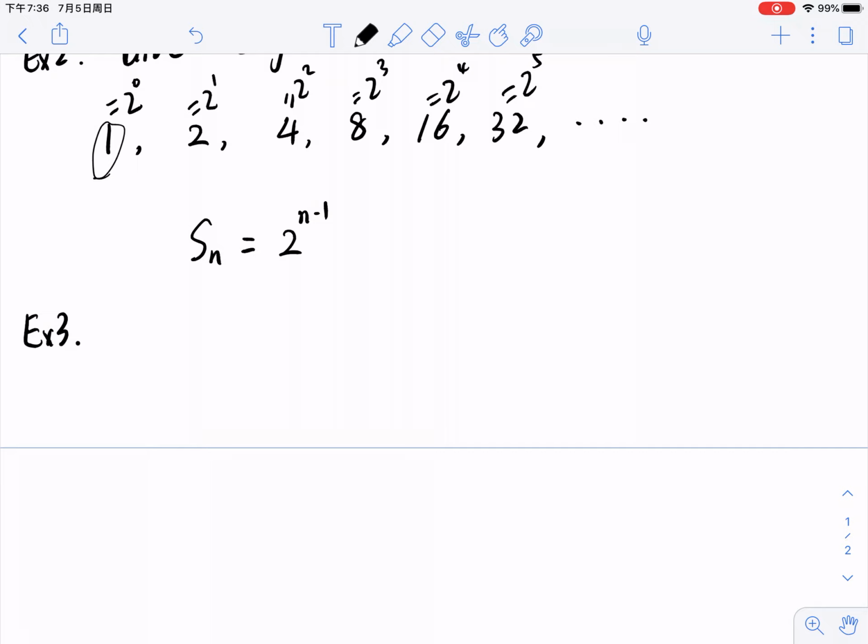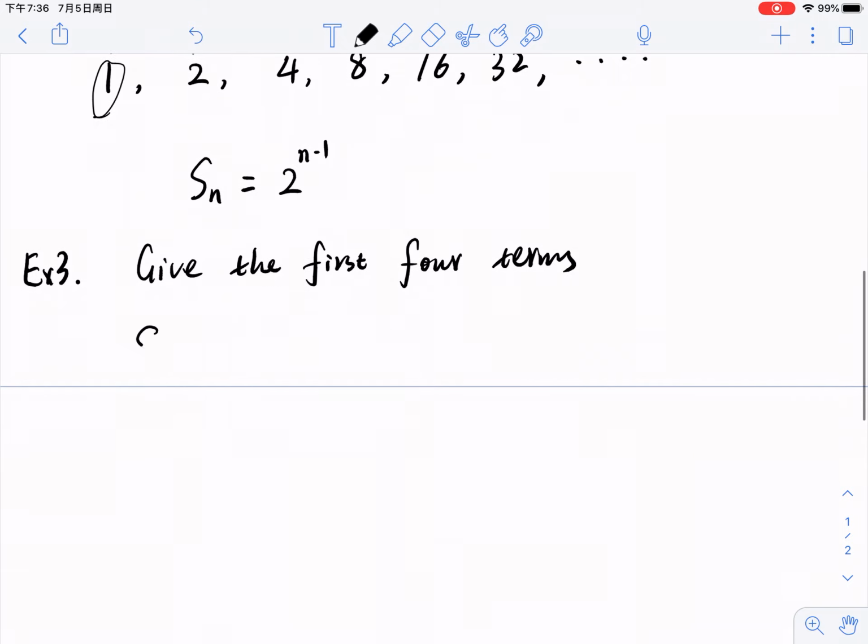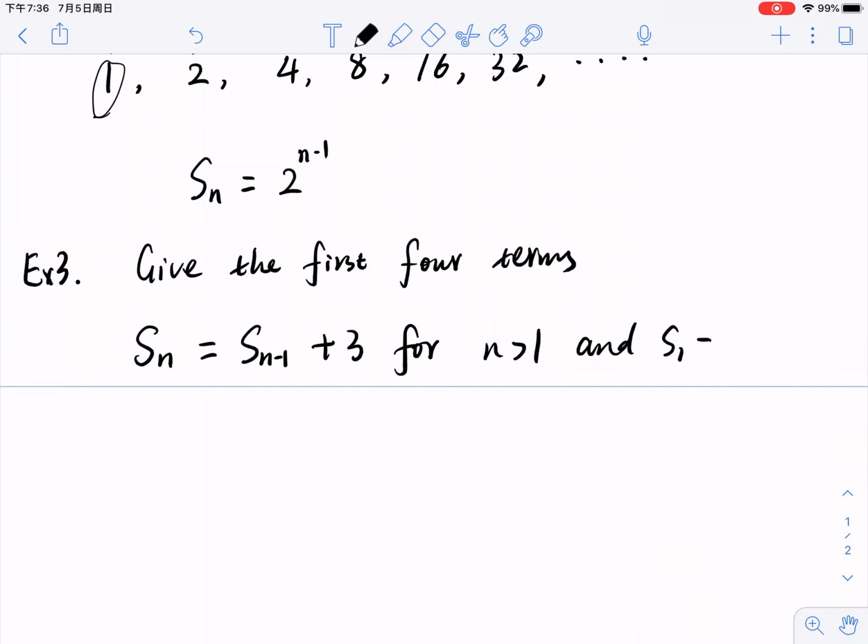Next example. Also give the first 4 terms of the following sequence. Sn is Sn minus 1 plus 3 for n greater than 1, and S1 is 4.